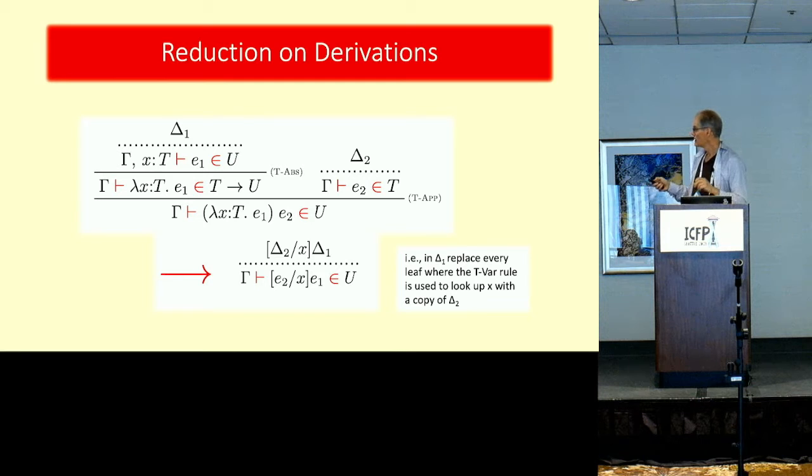Then you can take a step by taking all of the uses of the variable rule inside of this subderivation for the body of the lambda. Take every use of the variable rule and paste in the whole tree for E2.